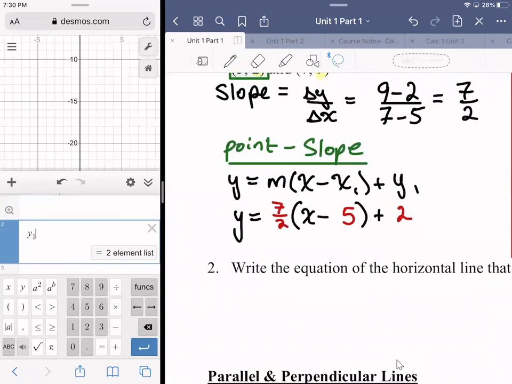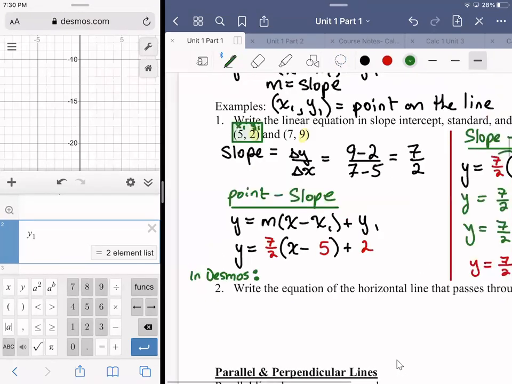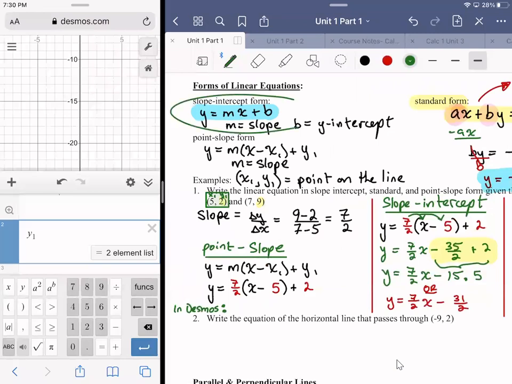So in Desmos, I'm going to essentially just put in my slope-intercept form, except I'm going to use tilde instead of equals, and x1, y1 instead of x and y. All right. If you type that in, it'll give you the equation of the line, right?